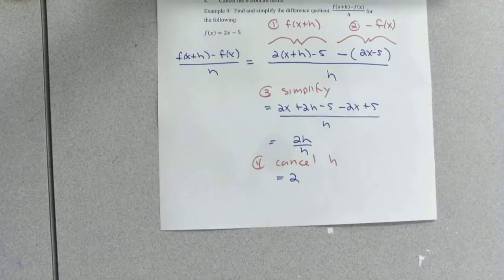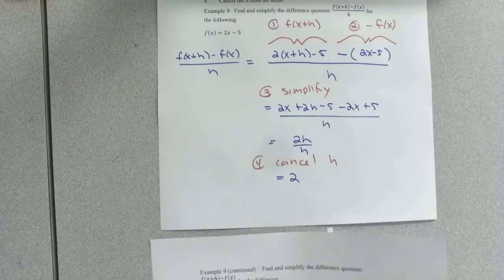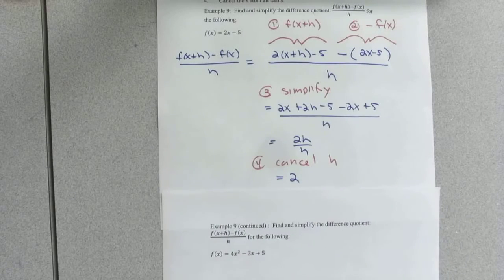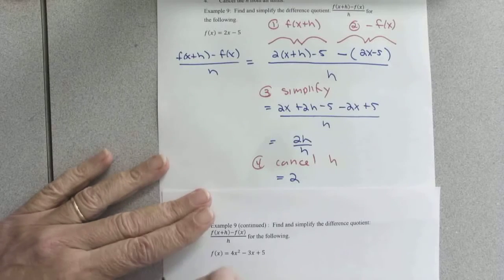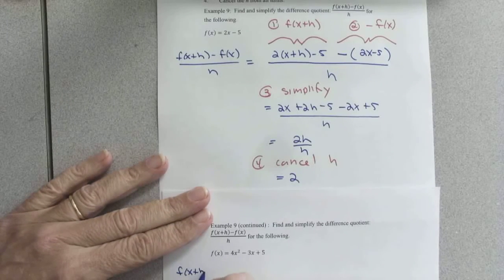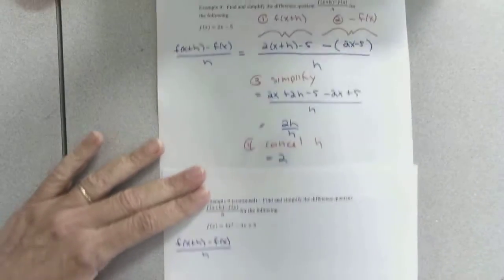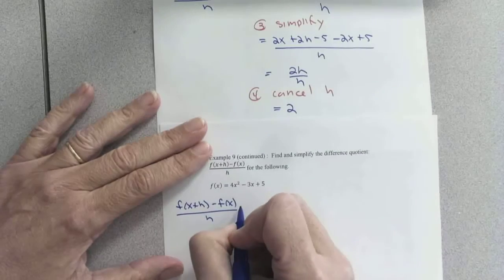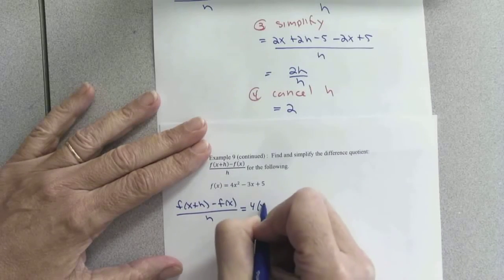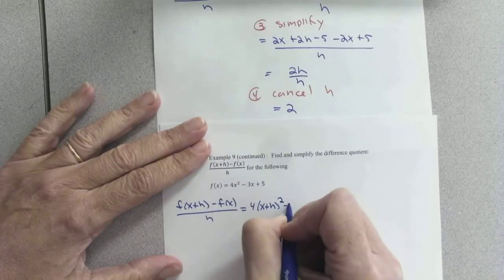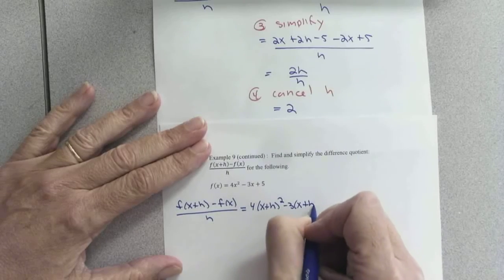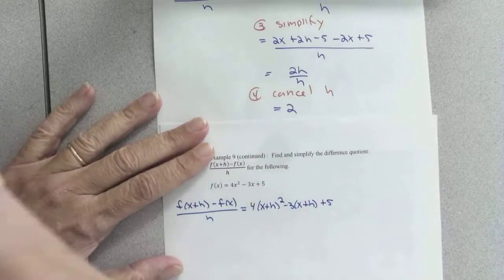Let's do it again. A little more complicated formula this time. Okay. F of x plus h minus f of x all over h. So that's going to be 4 times x plus h quantity squared minus 3 times x plus h plus 5.